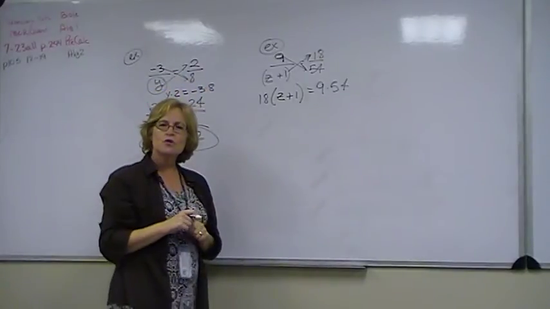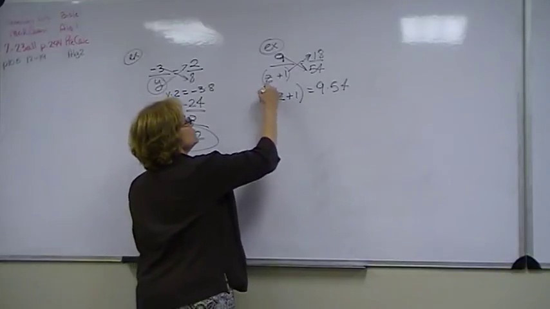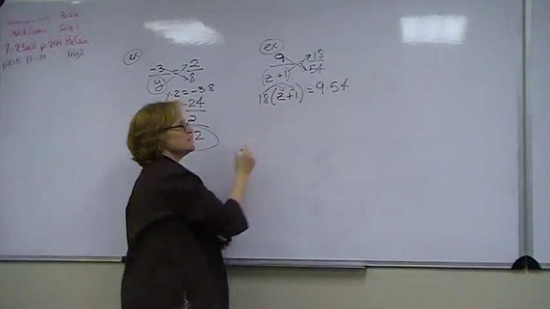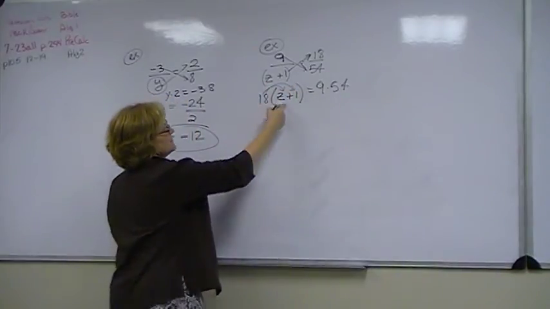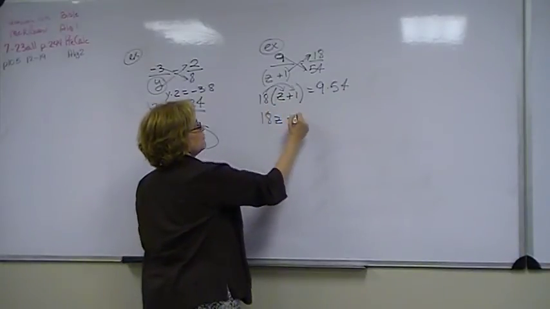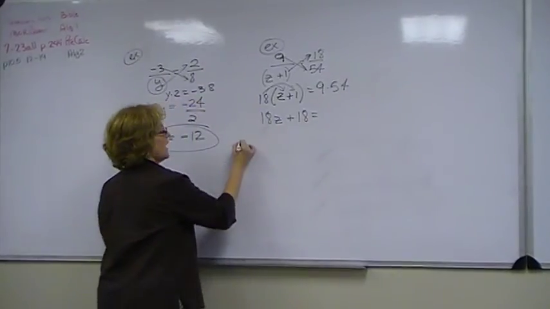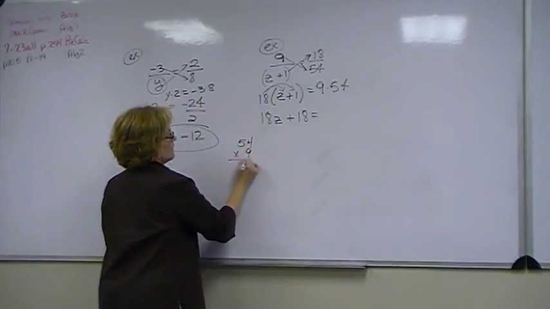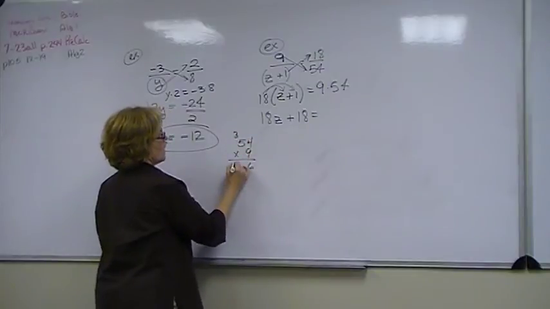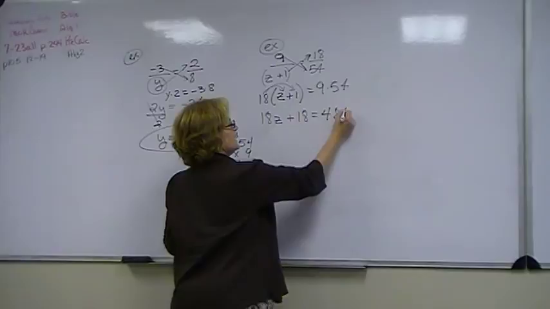So what do I have to do first? I have to use the distributive property and share the 18 with everything inside there. So 18 times z is 18z. 18 times 1 is 18. And then 54 times 9, that would give me 486.